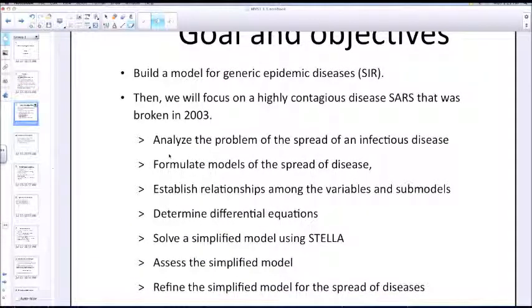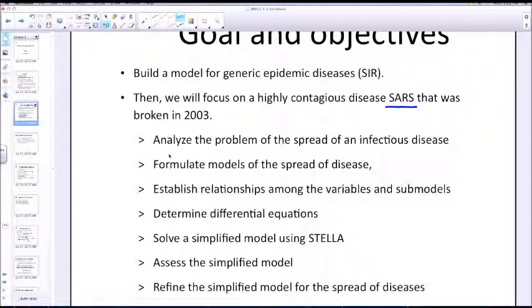So the goal for today is first to look at the baseline model. We call it the SIR model. I'm going to explain what SIR means in a minute. And then we spend some time looking at the application of the basic model and modify the model into an application to SARS, a particular flu.